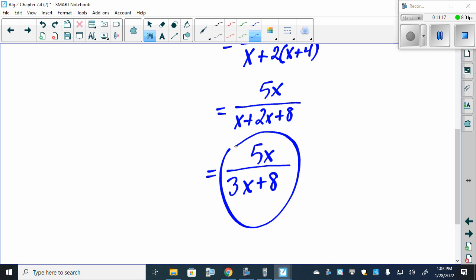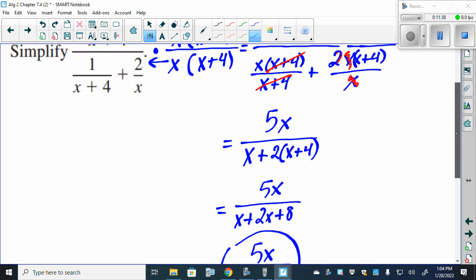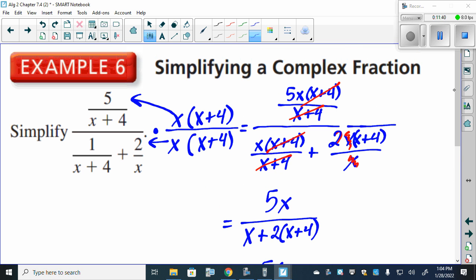Which one do y'all like better, the first or second method? The second one? And that's all we have to do. Any questions on this here? Now, the first method does work, and there might be some cases where it is a little bit easier to do and solve it that way.